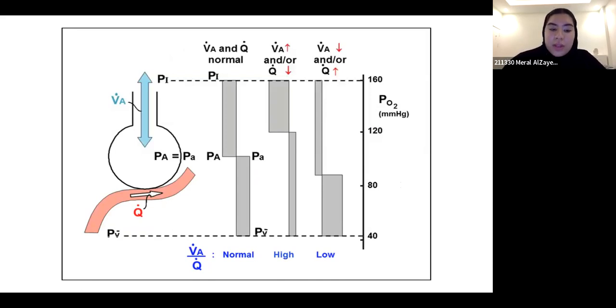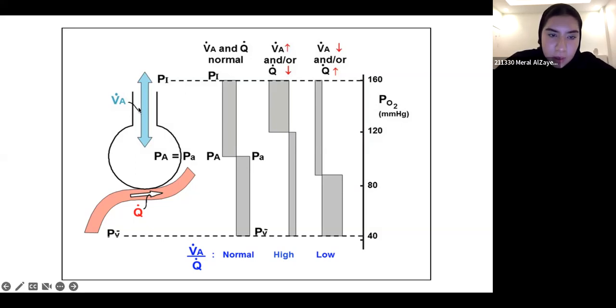Alveolar ventilation is 5 liters per minute, and cardiac output is 5. So when we divide 5 by 5, it's 1. That's why the normal VQ ratio is 1. Okay, is that clear?